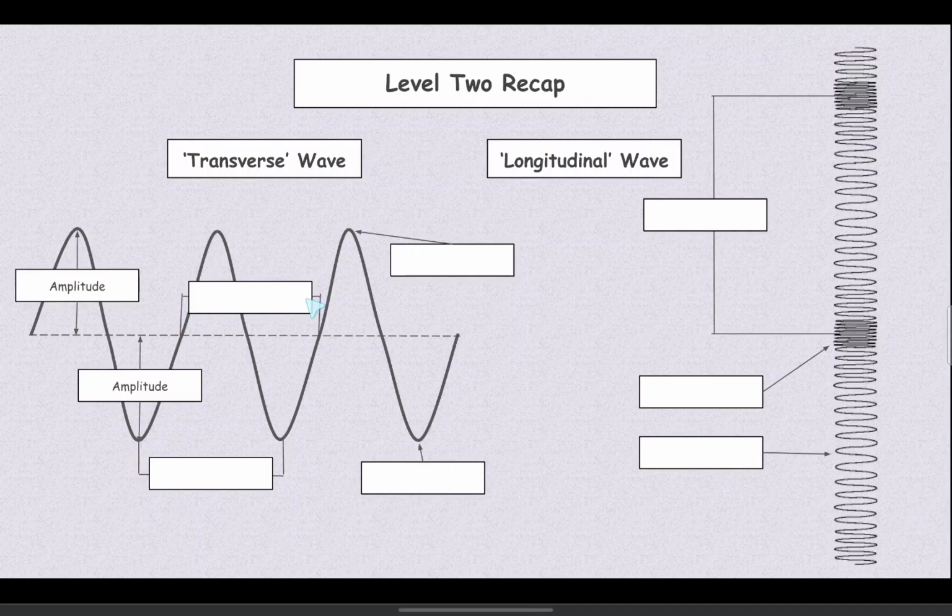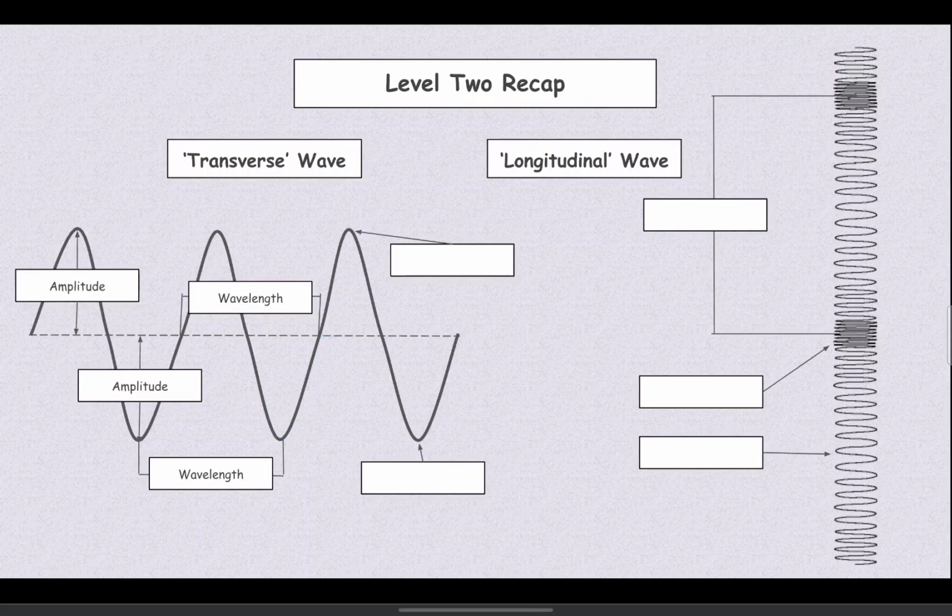Now, these two here as well, this box and this box, are the same definition, and that would be wavelength. With the wavelength being the distance from two nodes, I guess would be the best way to think about that. So a wavelength is from the start through to the start again.